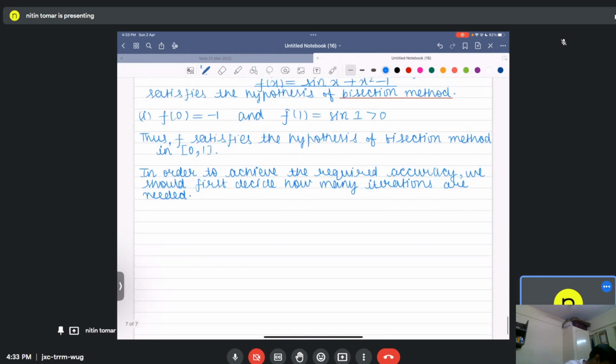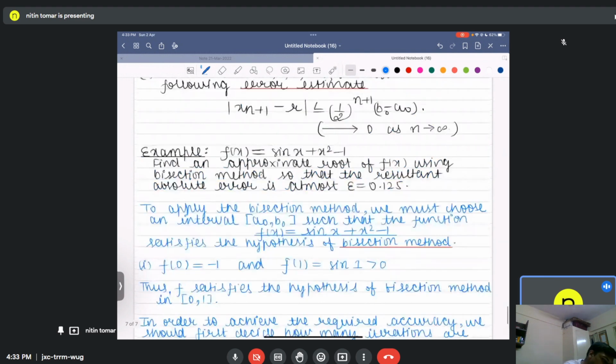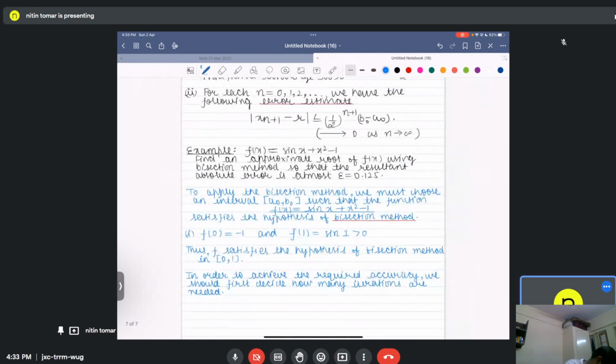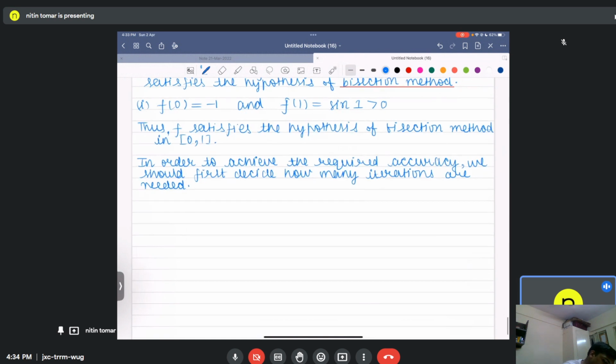So we need an accuracy such that the absolute value of xn minus R is less than epsilon.